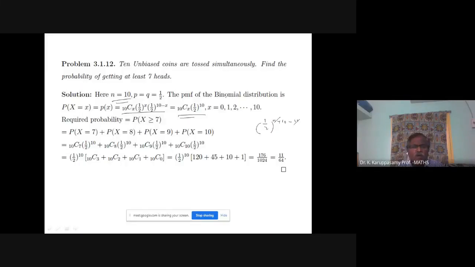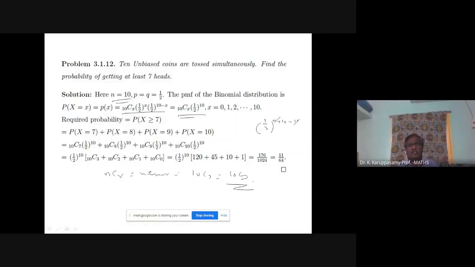10C7 1/2 power 10, 10C8, 10C9, 10C10. Take 1/2 power 10 as the common factor. After taking the common factor outside, what is the remaining? 10C7, 10C8, 10C9, 10C10. NCR equal to NC(N minus R). So we can use 10C7 as 10C3.